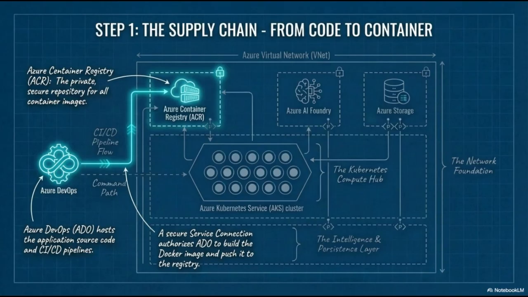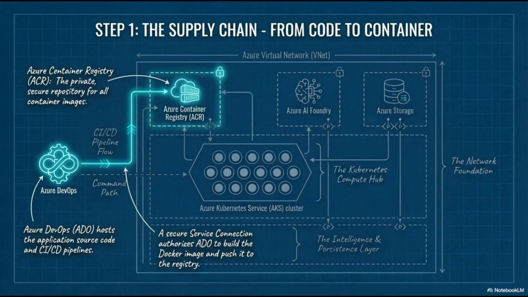The Azure Container Registry, or ACR, serves as our private and secure repository for all container images. It is nested within our network foundation, governed by the Azure Virtual Network to ensure that our assets remain protected. Moving into the core of the infrastructure, we have the Kubernetes Compute Hub, powered by the Azure Kubernetes Service Cluster.